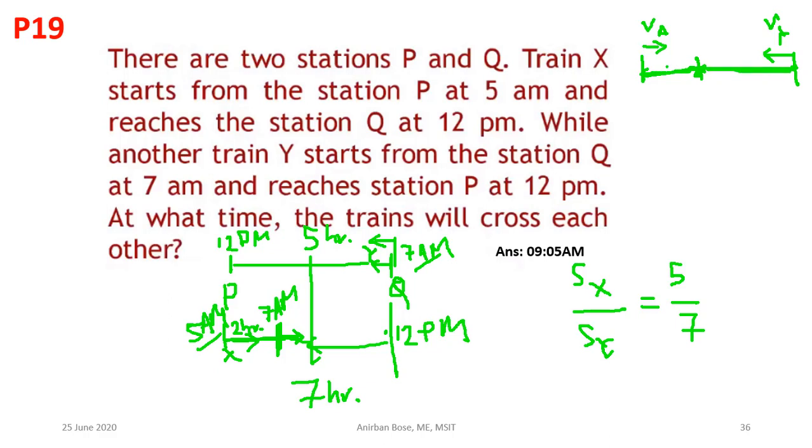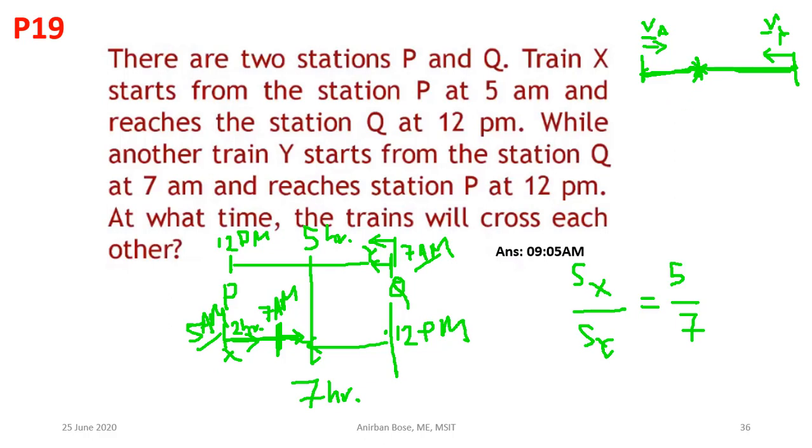So for the same time, the ratio of their distances will be the same as the ratio of their velocities, because now the time is constant, so distance and velocity are proportional. So this is the idea that we are trying to make.